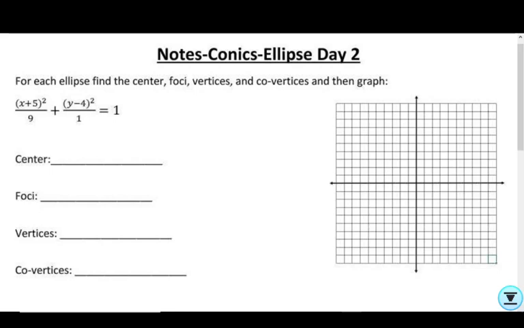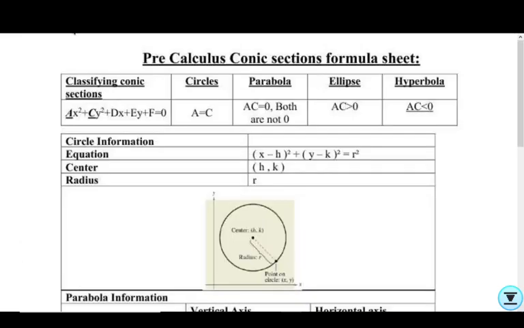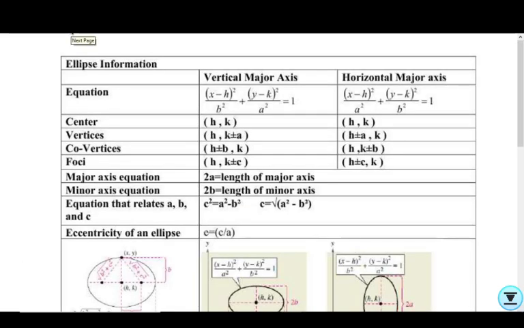The formula sheet that I give to my students is set up like this. The ellipse has its own area, and it has the vertically major and the horizontally major, and then it has the equations for both. When we're doing this, the first thing you have to realize in the equation is that a squared is always the bigger number.